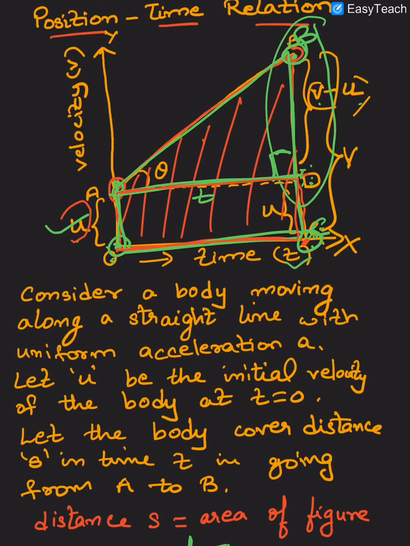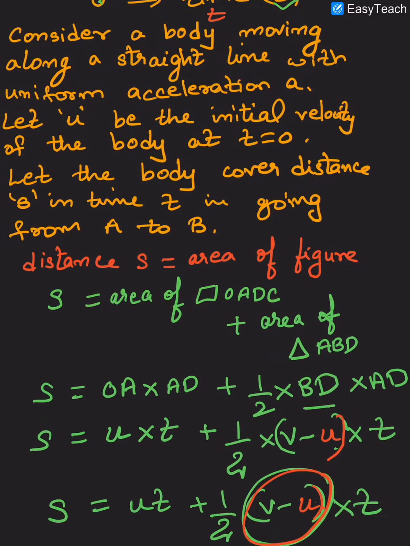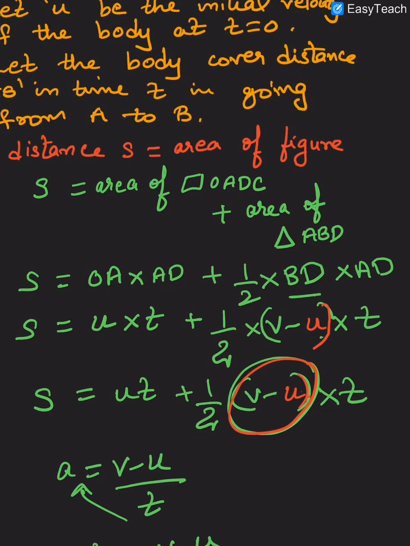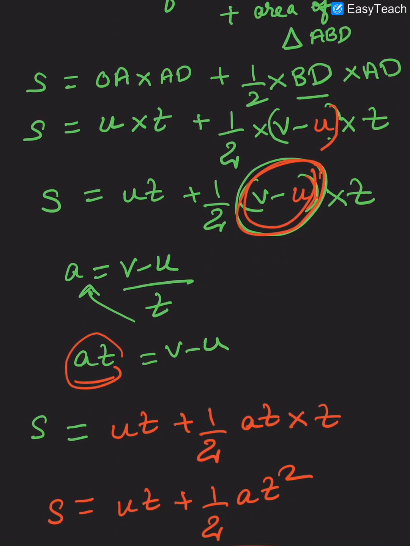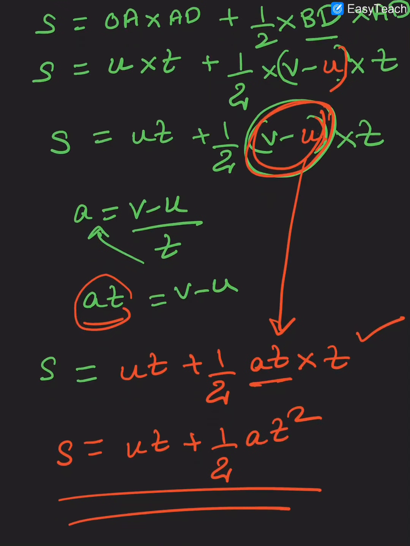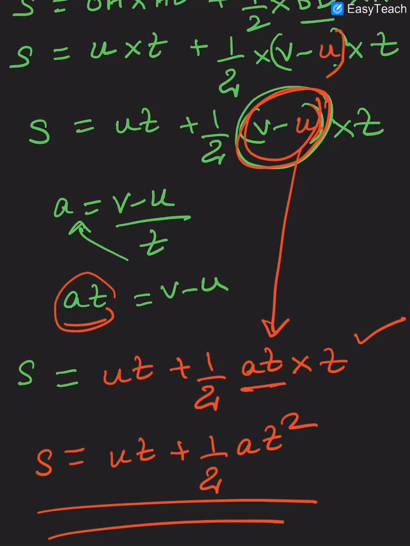The rectangle is u into time t, and the triangle is half into base into height, where base is t and height is v minus u. Then just remember, in place of v minus u from the first equation you substitute at and come back to the equation. When you substitute this at, it becomes ut plus half at square. Okay, fine.